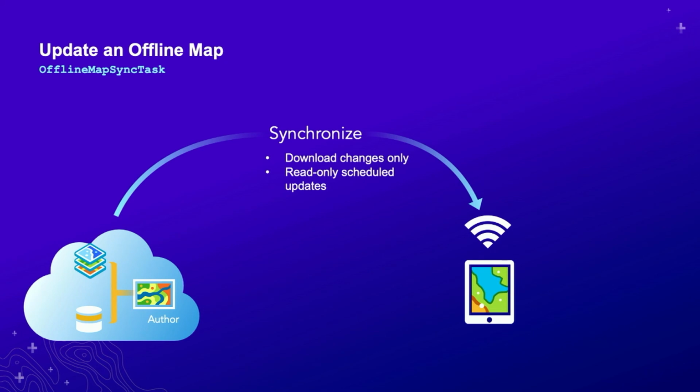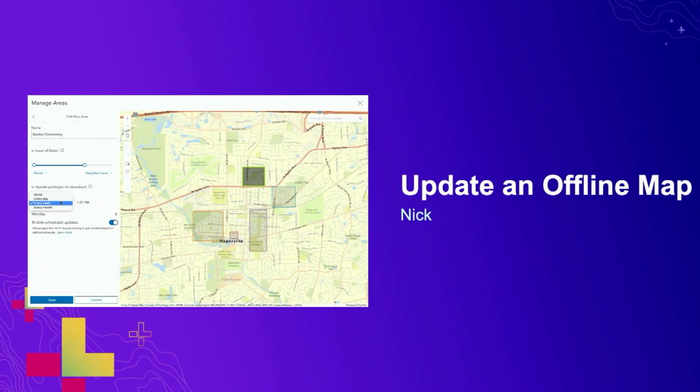If I'm in a purely read-only scenario, I can optimize that process by using scheduled updates. Scheduled updates allow me to download very small packages of content, which is the changed content from the server. So to show us this, we've got a final demonstration from Nick on updating an offline map.